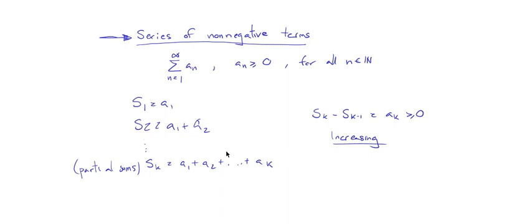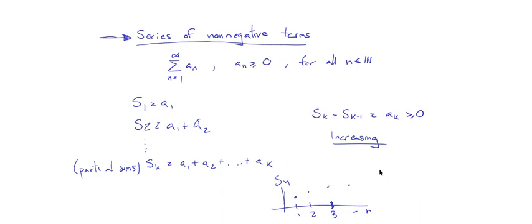So if you go n equals 1, 2, 3 and so on, and these are the values of S sub n, the partial sums, this is increasing.